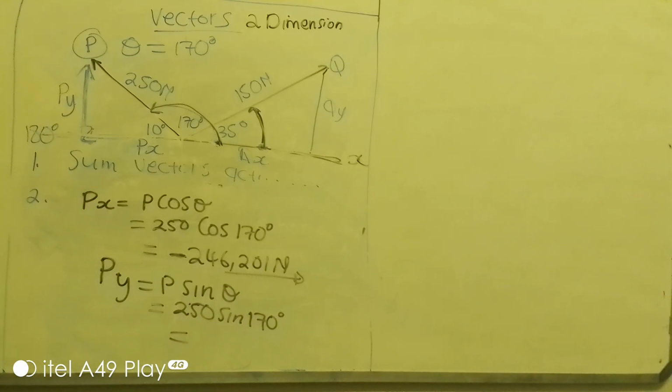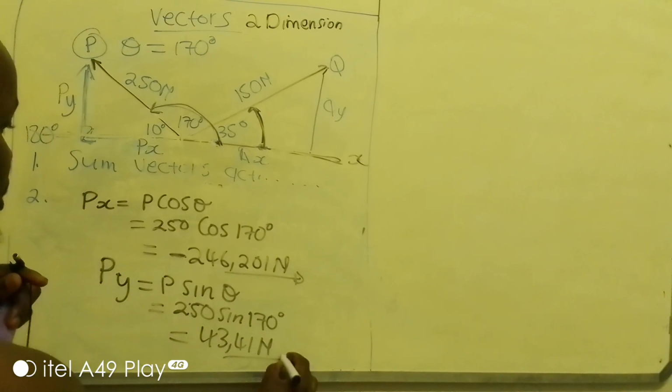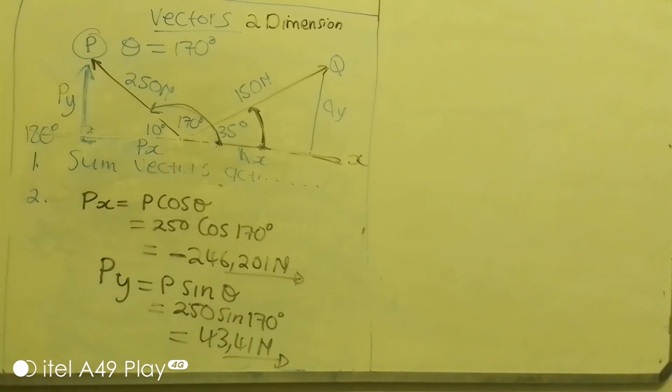We're still dealing with P. So 250 sine of 170 is equal to 43.41. 43.41 newtons. That is your Py.